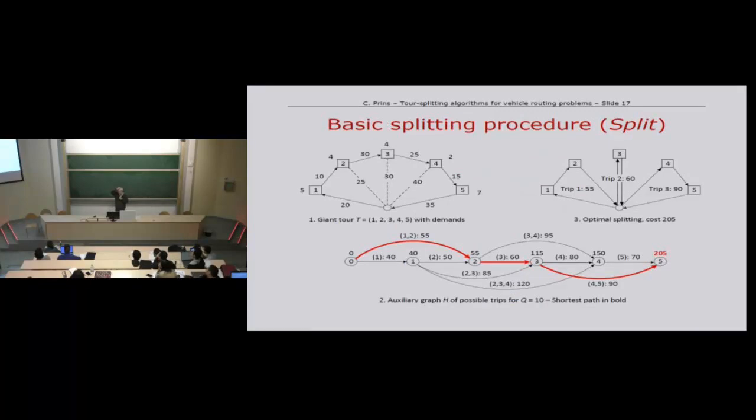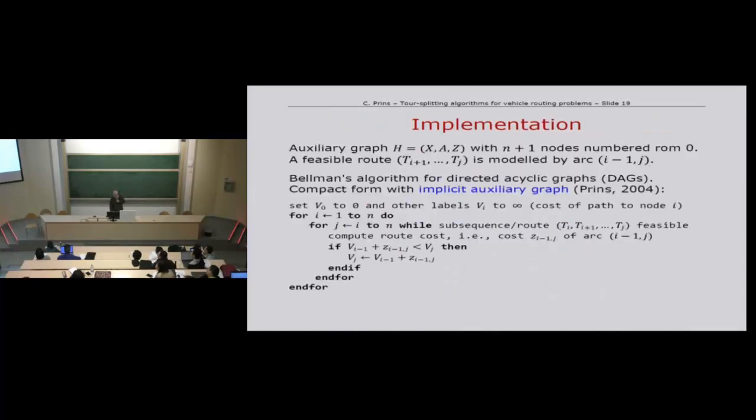Well, this is conceptual. You are not obliged to. At the beginning, in the first implementation, we really built the auxiliary graph in the programs. So we constructed this graph, and then we computed the shortest path, but it's not mandatory. So it's possible to compute the labels directly using this algorithm. In fact, there are two loops. One loop with i browses the index of the first node of each subsequence, and then j varies from i to n, and it is the end of the current subsequence.